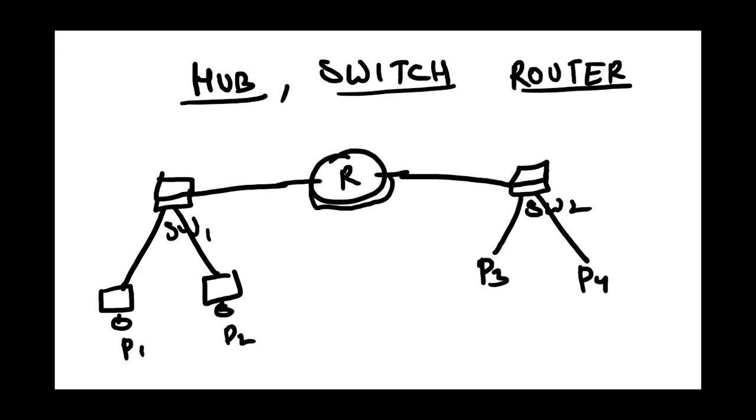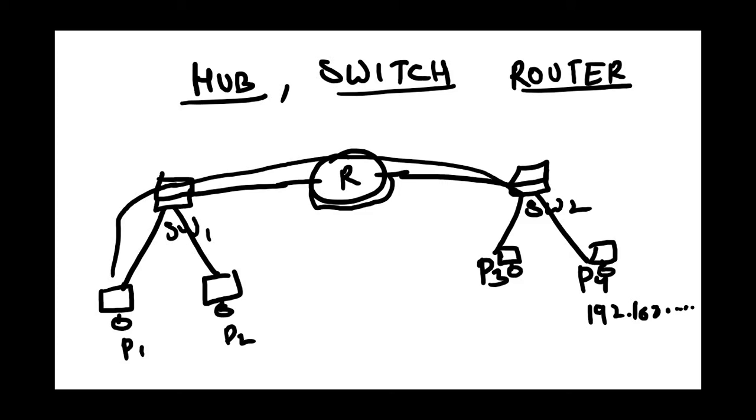Now if P1 has to send a message to P4, in this case it has to know the IP address of P4. Then only can P1 send a message to P4. Let's say the IP address of P4 is 192.168.0.1, anything. So P1 has to know the IP address of P4 if it has to send a message to P4. So the message will go to a switch and router, and then it will be sent to P4. So these are some functions of the networking devices.